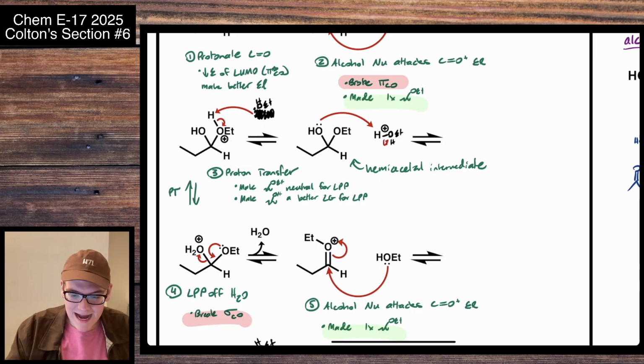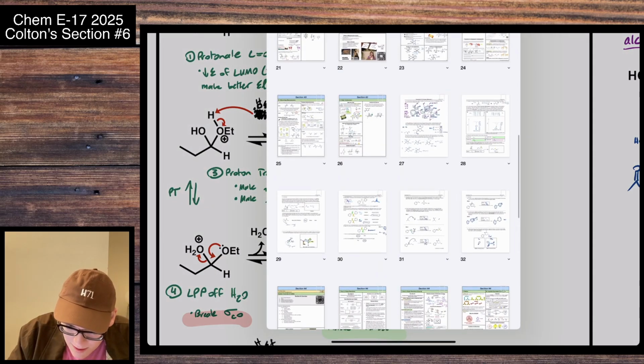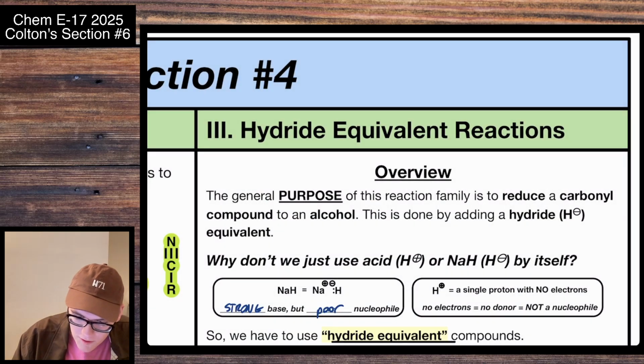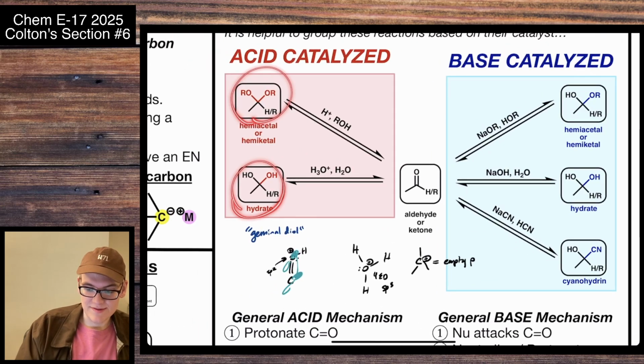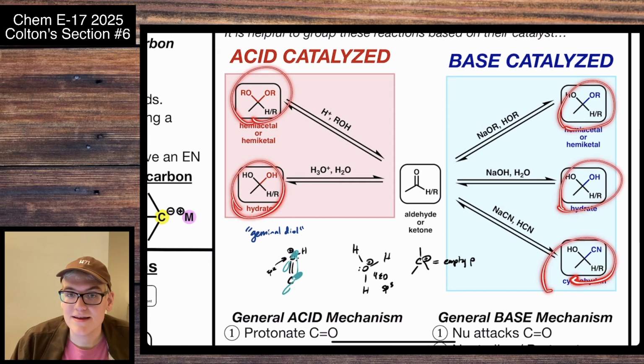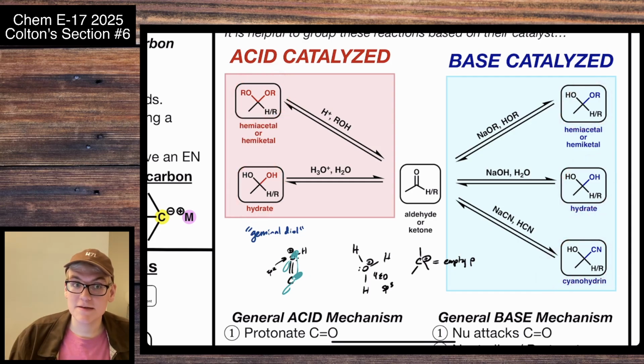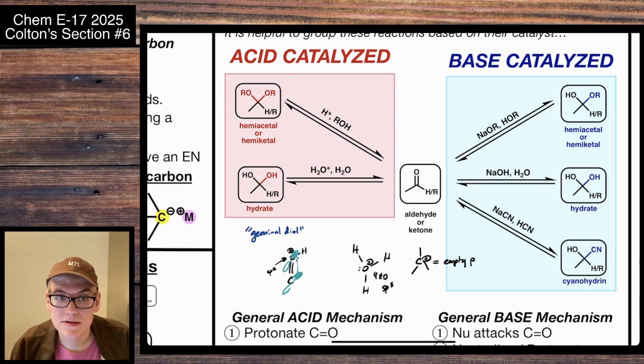In all of the reactions that we did in lecture 4, for these reversible additions, all of these were just addition. We didn't kick off anything. We've just added something onto the molecule. And then in all of our CAD reactions, we did substitutions and we reformed a carbonyl.